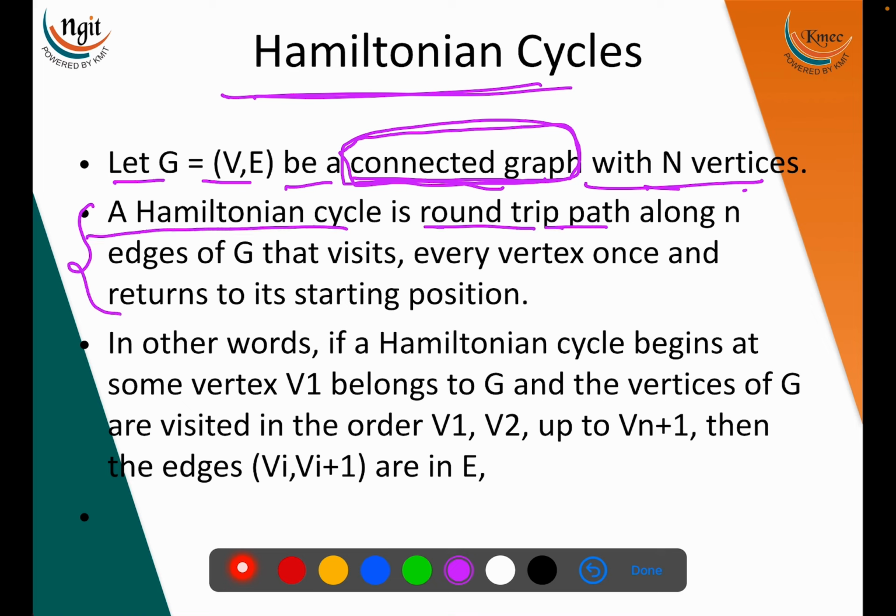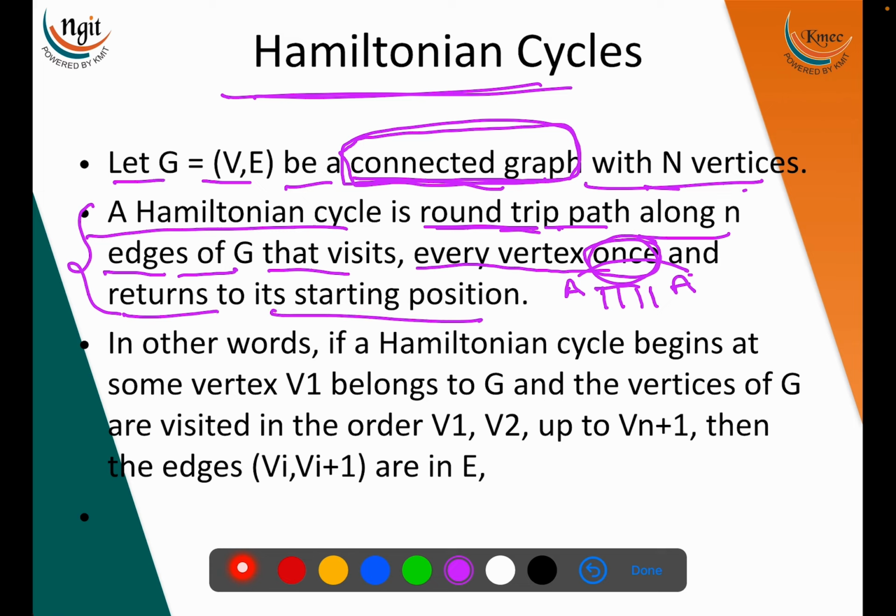That means if you start visiting vertices from A, after you complete visiting all the vertices, you should go back to the starting position. That is what a round trip is. A round trip path along with n edges of graph G that visits every vertex once and returns to its starting position.